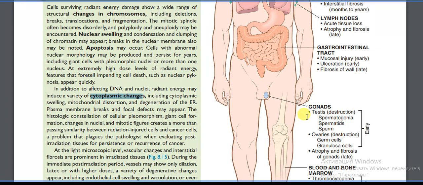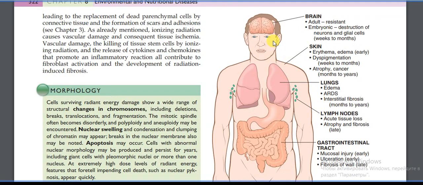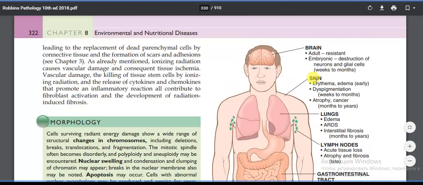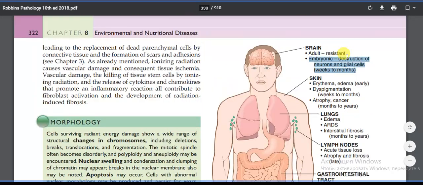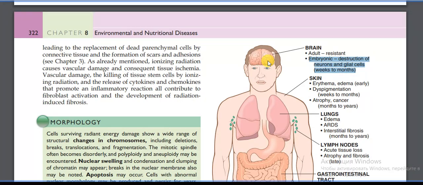Okay, here we have target tissues of our body. Brain: in adults, it is resistant to ionizing radiation, but in the embryo it causes destruction of neurons and glial cells over weeks to months. But I don't think the brain is entirely safe from ionizing radiation, because in the brain we have a lot of blood vessels, and blood vessel injury can cause infarctions in the brain too.